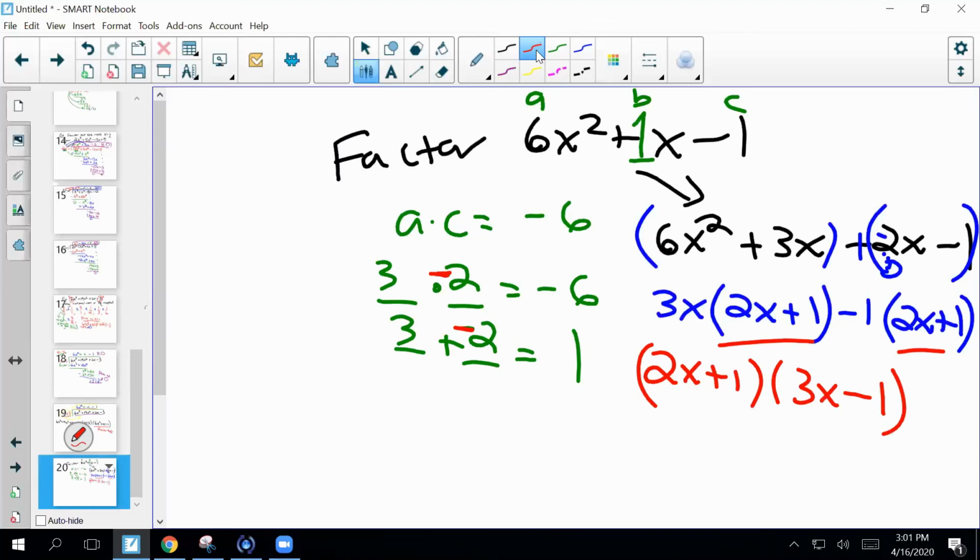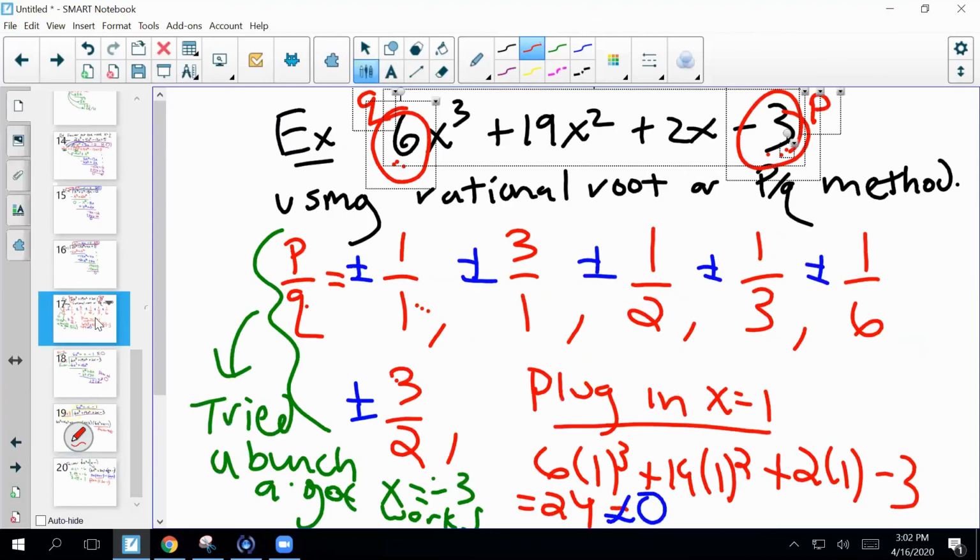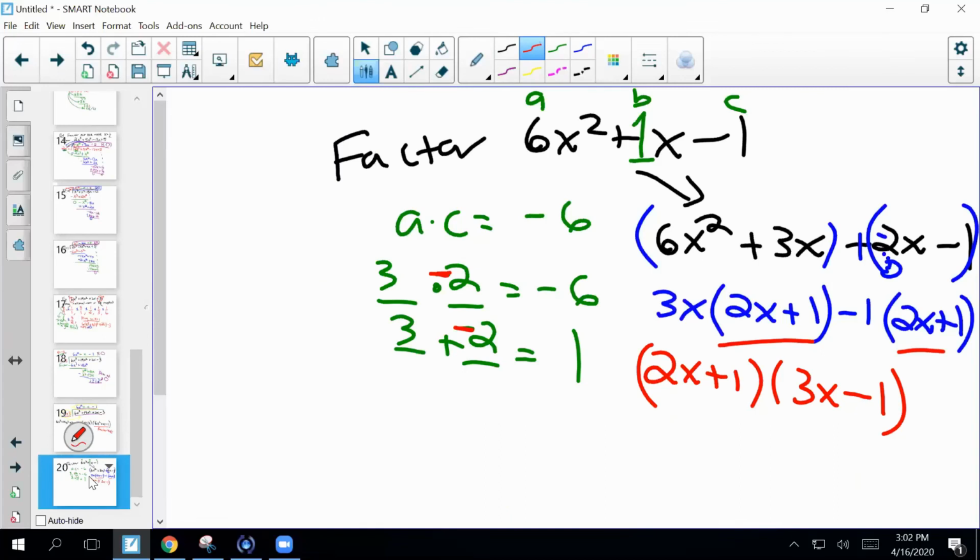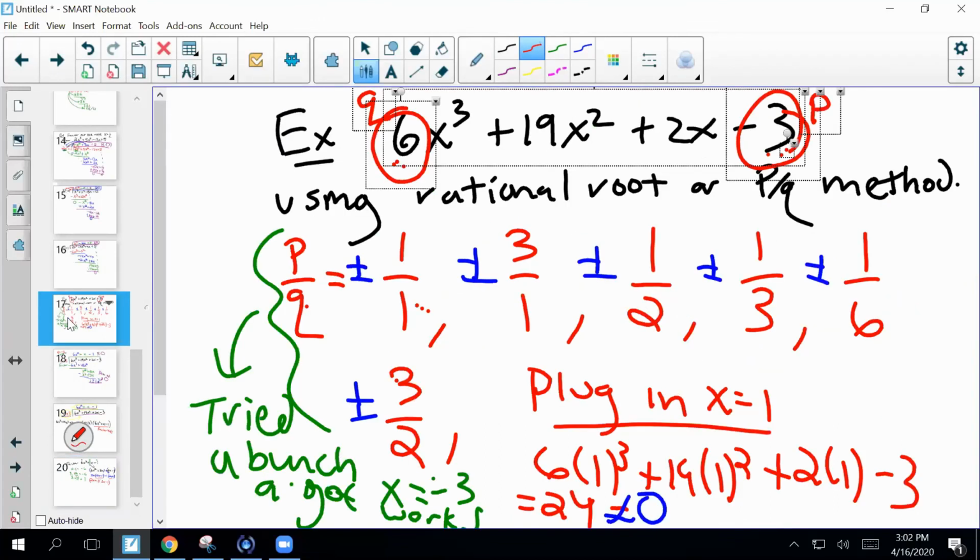Okay, so let's go back to the original problem. Here's our original problem. Sorry, let me go back here. Our original problem was to factor this cubic, 6x cubed plus 19x squared plus 2x minus 3. And here's what we did.